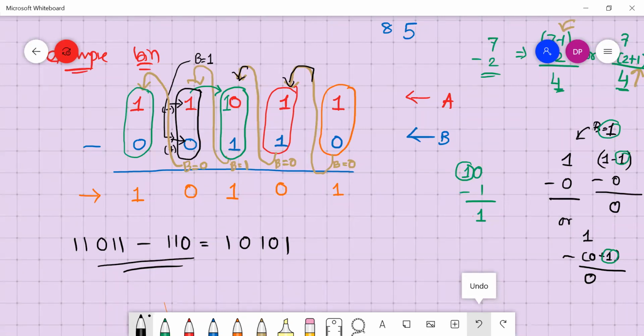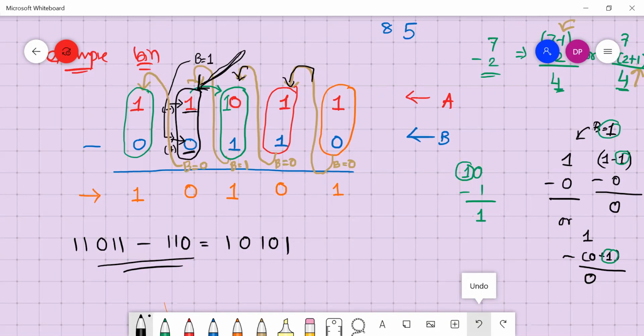If previous borrow is 1, consider this case. What you have to do? Either you have to subtract 1 from here, or you have to add 1 here and do the subtraction. That will give us the answer, right?